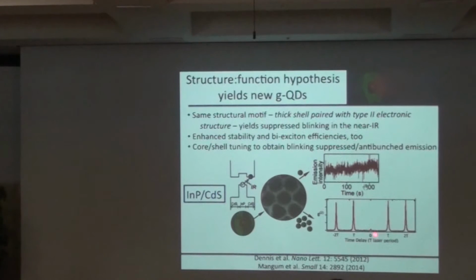And when biexciton efficiency is high, this middle or time 0 point will be very high as well. So that would mean that you're getting excitons and biexcitons hitting your detector simultaneously. And for single photon source applications, that's obviously not what you want. And so what we have here is fully antibunching behavior paired with non-blinking behavior, and so almost an ideal single photon source.